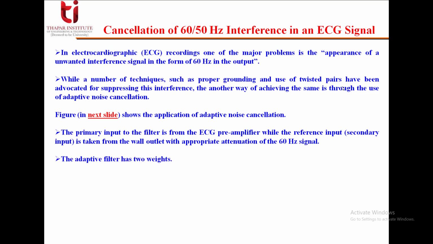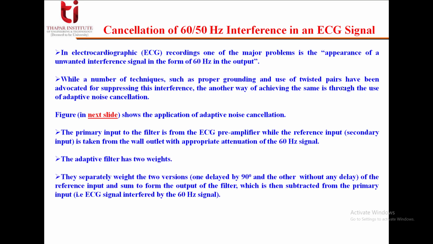The adaptive filter has two weights. They separately weight the two versions of the reference input, one delayed by 90° and the other without any delay, and sum to form the output of the filter, which is then subtracted from the primary input, that is the ECG signal interfered by the 60 Hz signal.